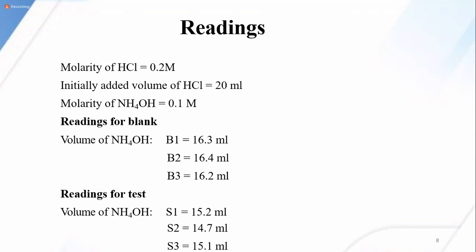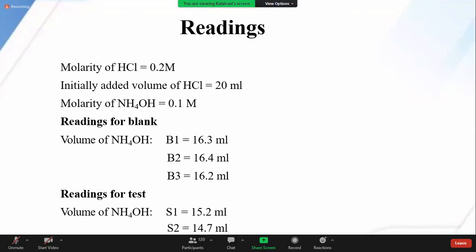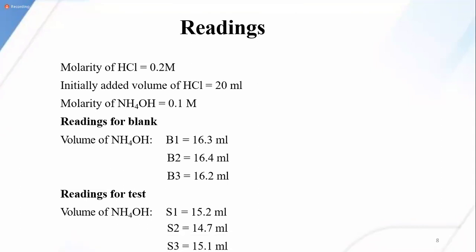So 20 milliliter of HCl is added at the initial time. Then the molarity of the ammonium hydroxide used for the titration is 0.1 M. These are the readings for the blank test and for the test. You all know how to do the blank and the test.